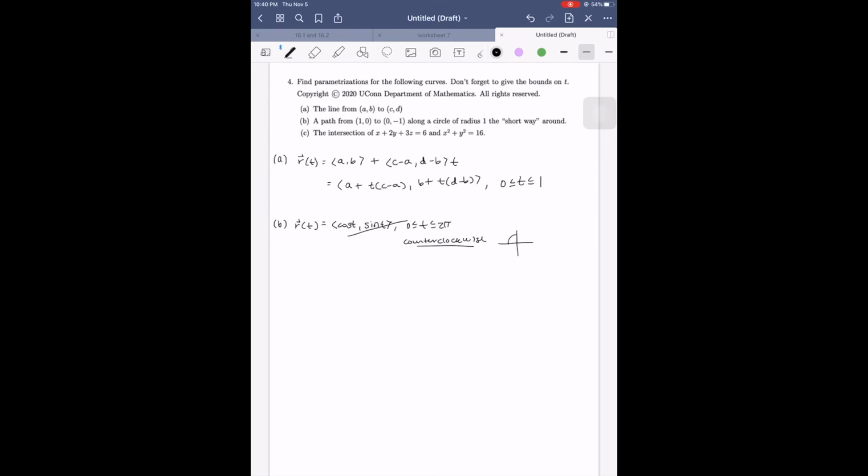As you can see, if you graph it, a rough sketch, these are our points (1, 0) and (0, negative 1). From 0 to 2 pi goes around this way.